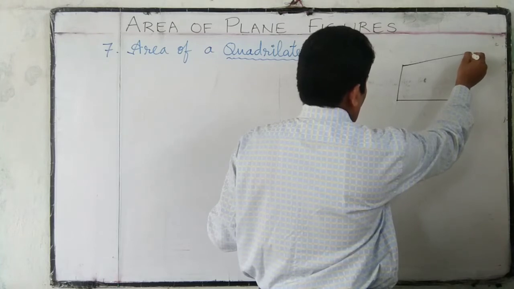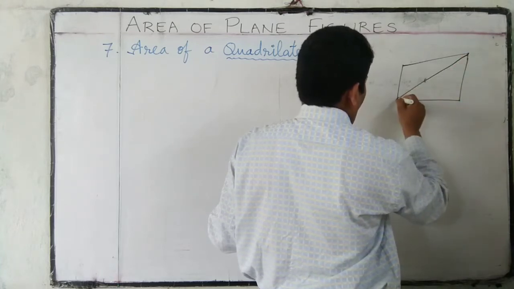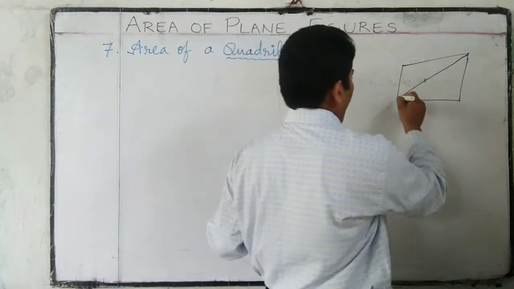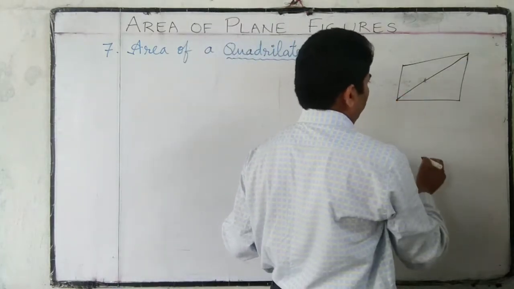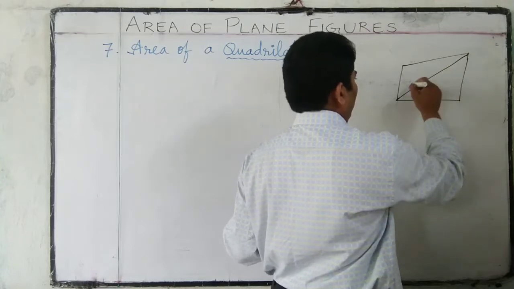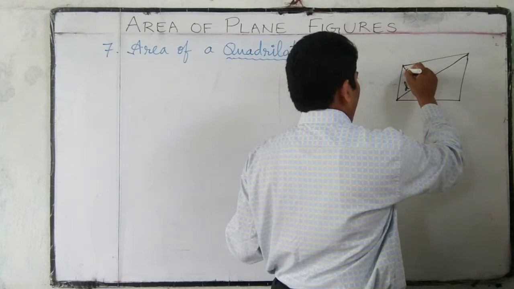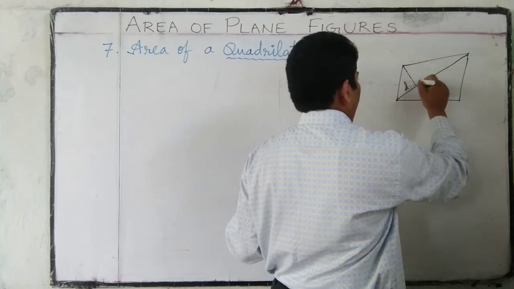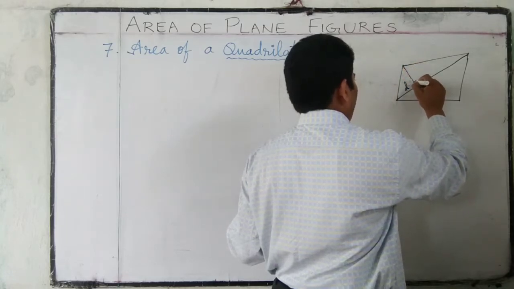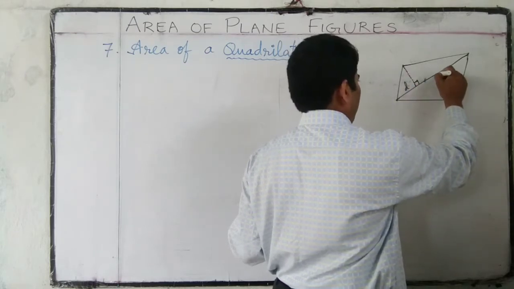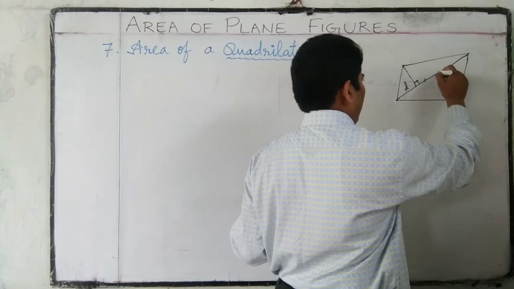The line segment joining opposite vertices is called a diagonal. This is a diagonal D. This is a height or altitude. So inner height or inner altitude.